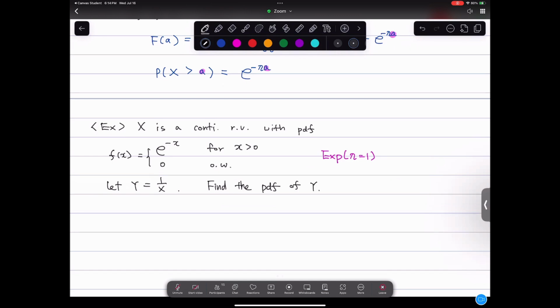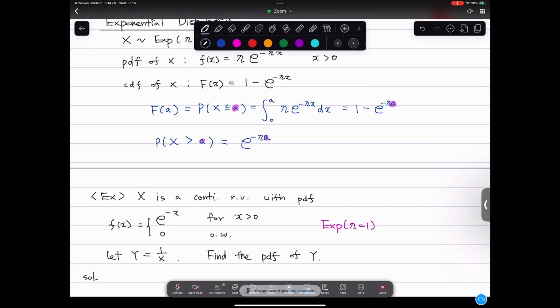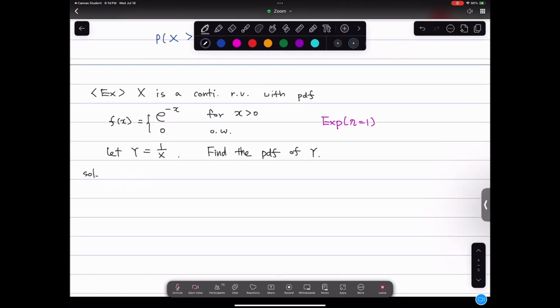So let's get it. All right, I'm going to just do it properly without using the formulas. According to this, for X greater than 0, what it means is your Y values, which is 1 over X, must also be greater than 0. So your distribution of Y should have values from 0 to infinity.